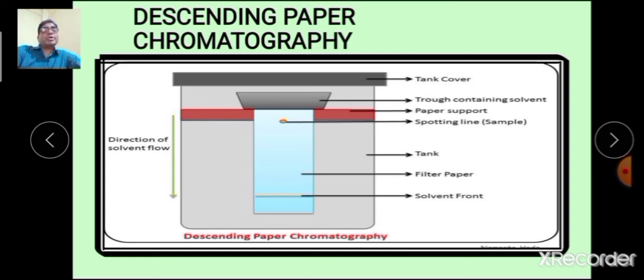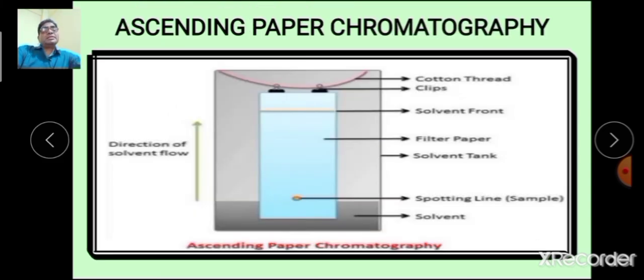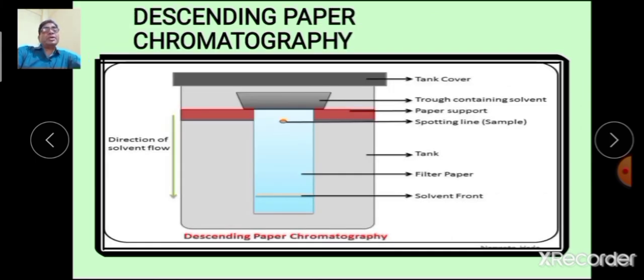Descending paper chromatography. In ascending paper chromatography, we have seen the solvent is kept at the bottom, and the solvent rises through the paper due to capillary action. In descending paper chromatography, the solvent is kept at the top.